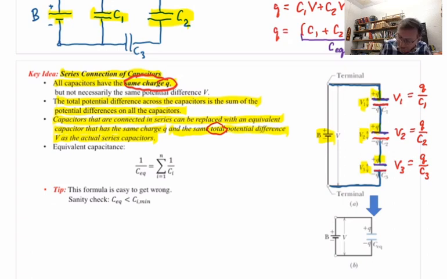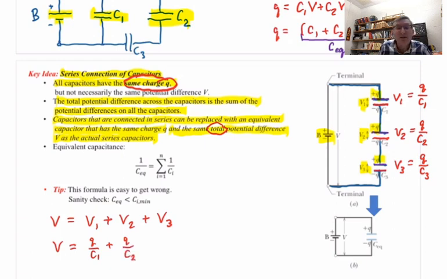So I'll come down here and write that. The V of the battery, I'll write it over here, it's got to equal the sum of the potential drops, potential differences, across each capacitor. So V must equal V1 plus V2 plus V3. But then for V1, I'll replace it with Q over C1.